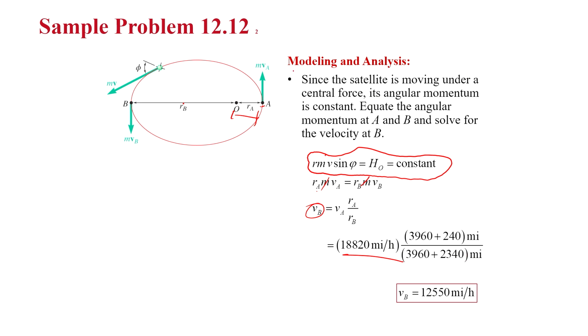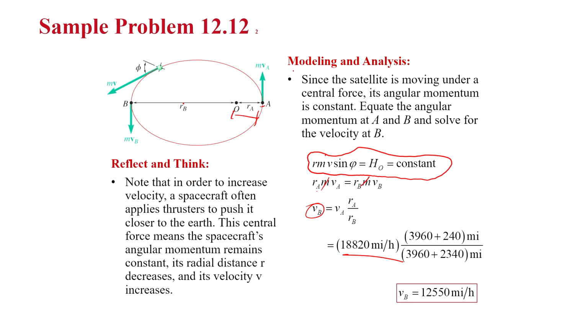So I apologize, I should have given more information for this because I just noticed that I wrote down the problem, but I didn't give you the values until the answer was here. So yes, they're giving us the velocity at A, which is pretty fast, 18,800 miles per hour.